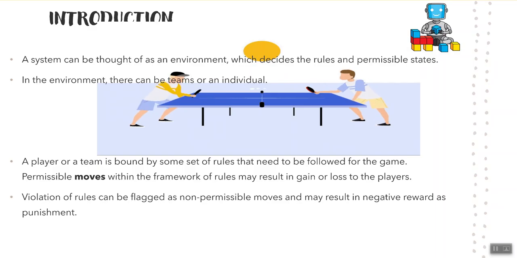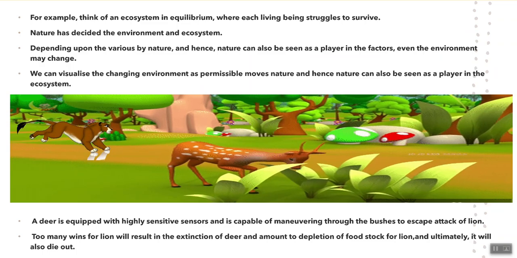If they follow the particular rules, he is at a gain, and if he doesn't follow, he is at a loss. So it all depends on the players, how they are thinking, and whether they are following or violating the rules. Violation of rules can be flagged as non-permissible moves and may result in negative reward or punishment. Isn't it? Even during exams, you get negative marking for competitive exams.